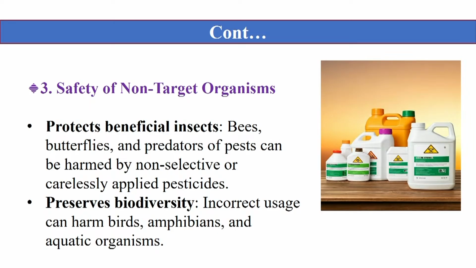Incorrect use can also harm birds, amphibians, as well as other aquatic organisms. They can be killed if you do not use the pesticide properly, or if you use incorrect doses of the pesticide.